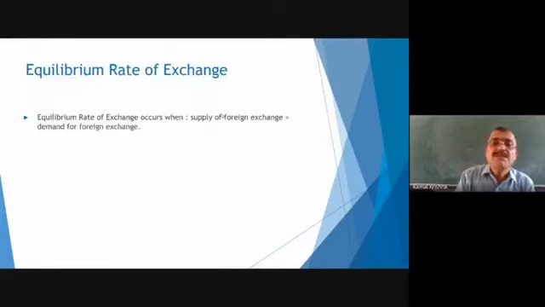Now next we see the equilibrium rate of exchange. Equilibrium rate means when the supply of foreign exchange is equal to the demand for foreign exchange.